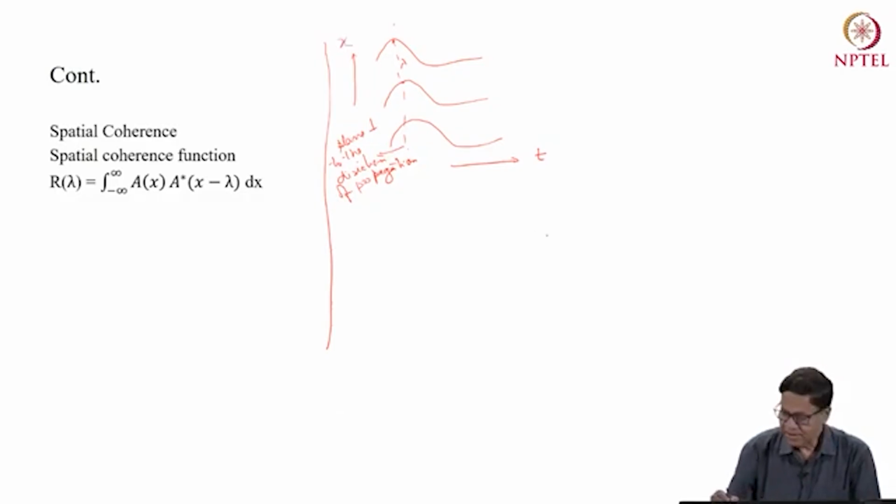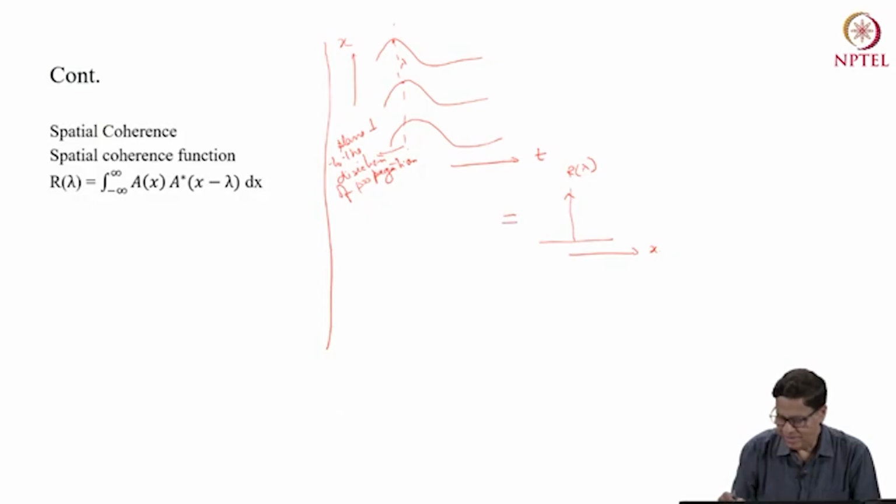Now if I take the coherence R lambda and plot R lambda versus x, and if it is something like this, that is, it is 0 at all values of x, and it has a maximum at x equal to 0.